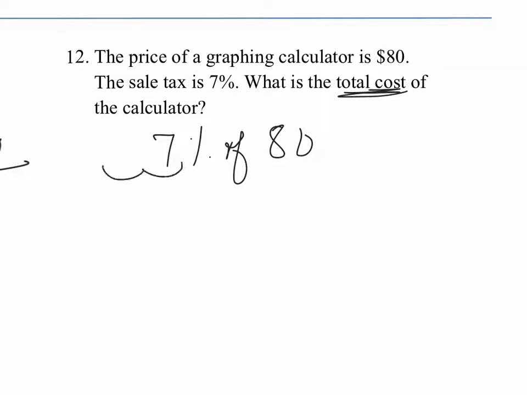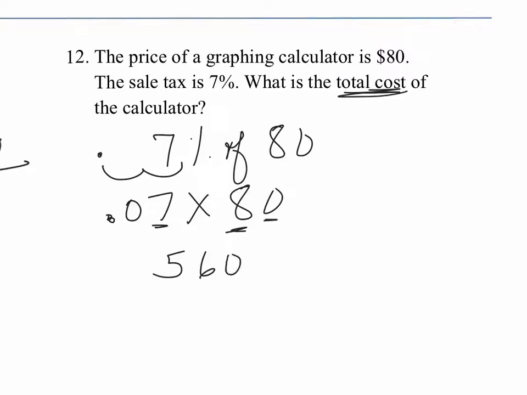7% as a decimal. You got it. 7 hundredths times 80. 7 times 8 is 56. Add 1 0. And then put your decimal back in the answer. The tax, just the tax, is $5.60. But you have to add that to the $80.